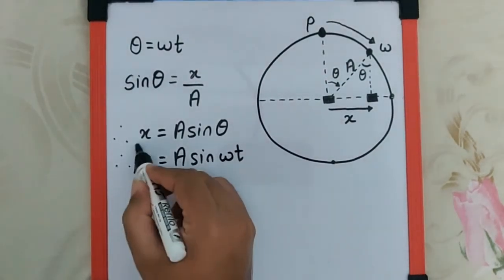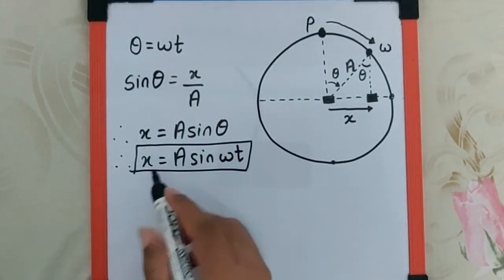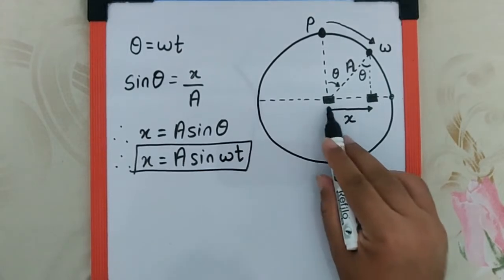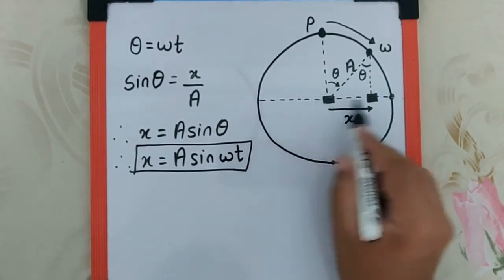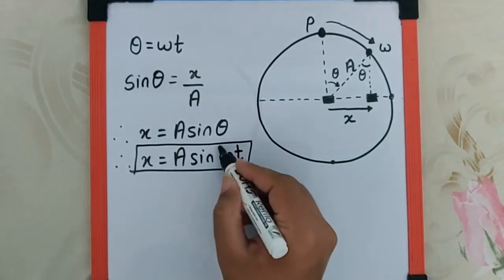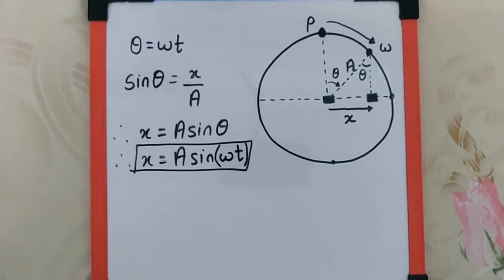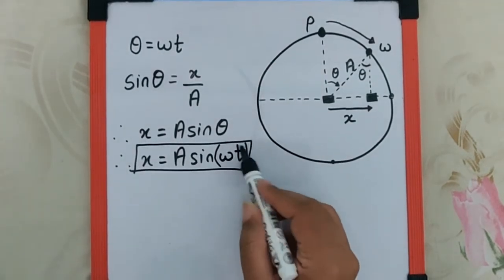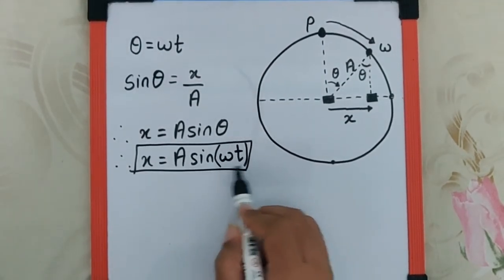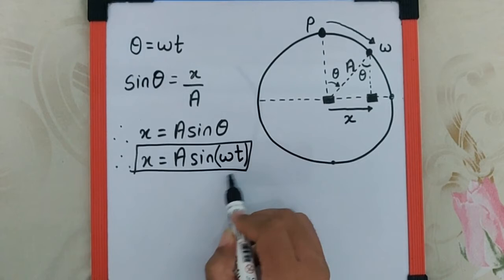Now this is the equation of position of the particle performing SHM. As you can see, there is an angle involved, and that angle keeps on changing with time. We can say theta is a function of time. So as time keeps on changing, the angle keeps on changing, so the sine value keeps on changing.